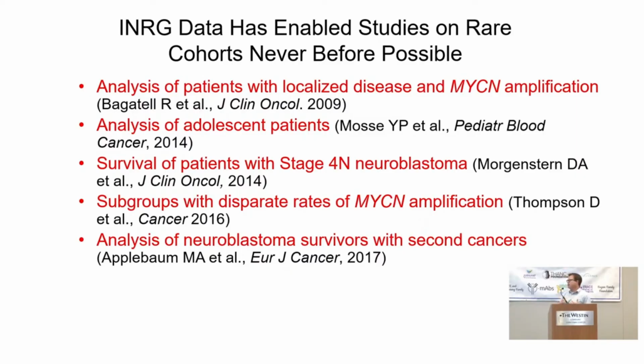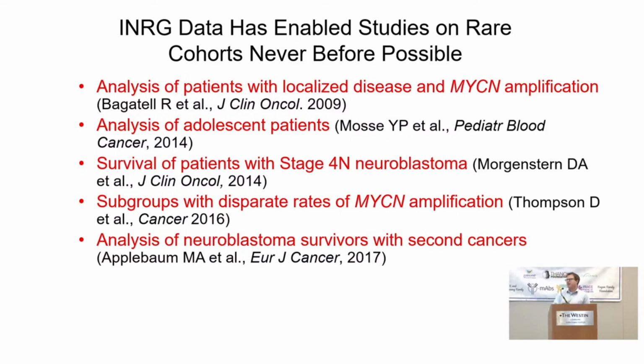Researchers can apply and say, here's my idea, here are the statistics I want to run, here's how I want to analyze the data so I can answer this question about rare or common groups within the database. Here are some examples of how that works in practice. Going back to Dr. Bagatell's paper about localized disease and MYCN amplification in 2009, this ends at one of our papers looking at second cancers amongst neuroblastoma survivors.